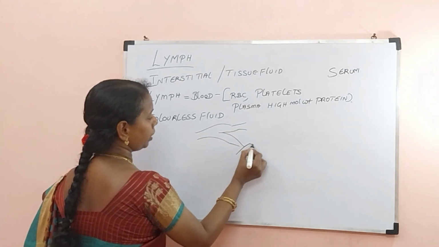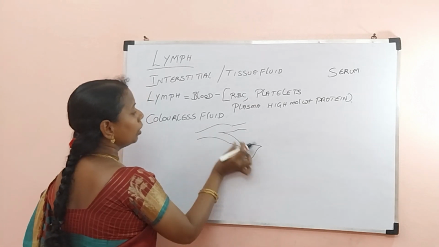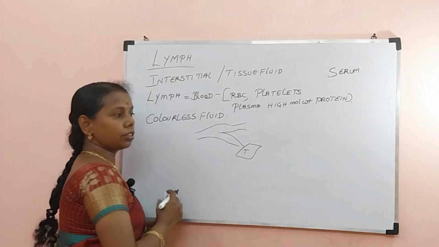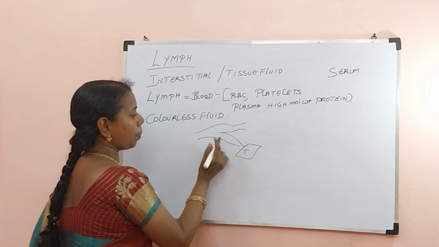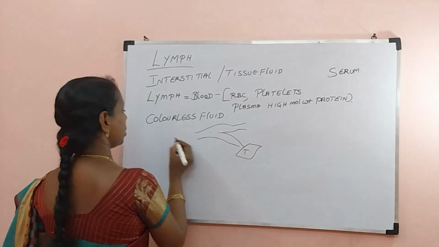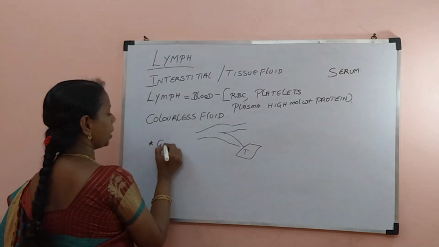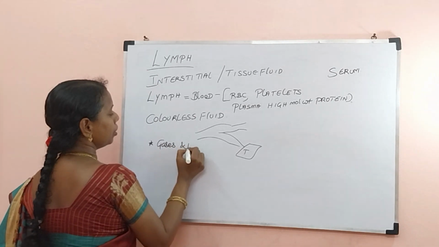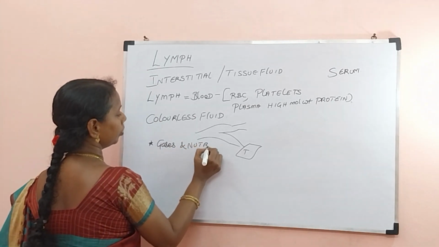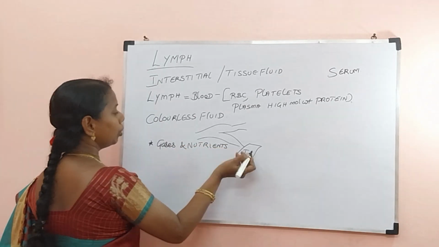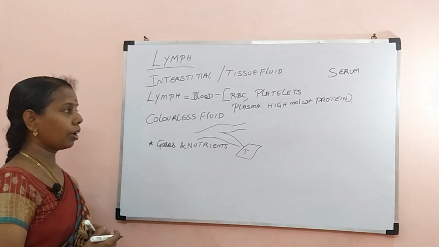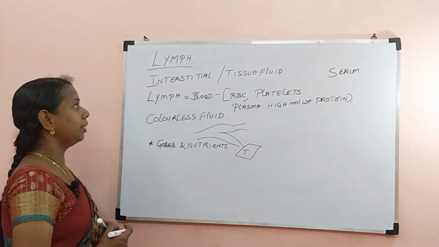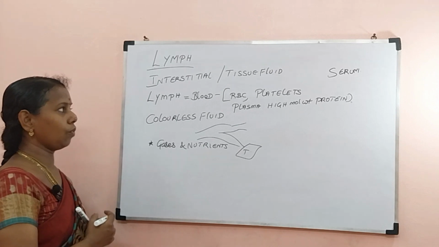Of course, you can find the tissues here. So the gases and nutrients, everything is supplied only through the interstitial fluid. What all does it supply? It supplies gases and nutrients to the tissues. So this is regarding the interstitial fluid.